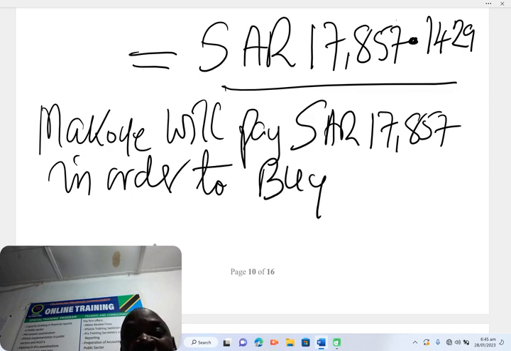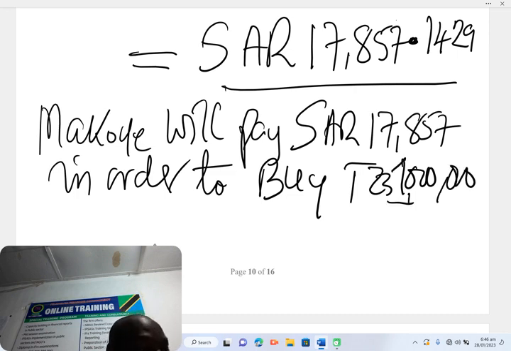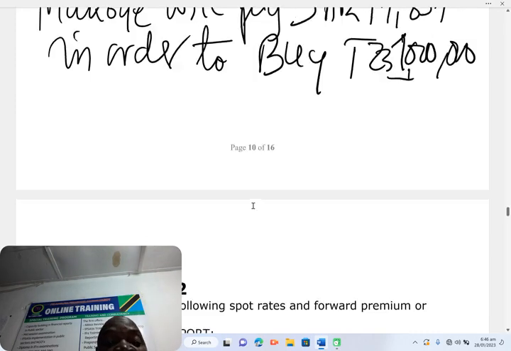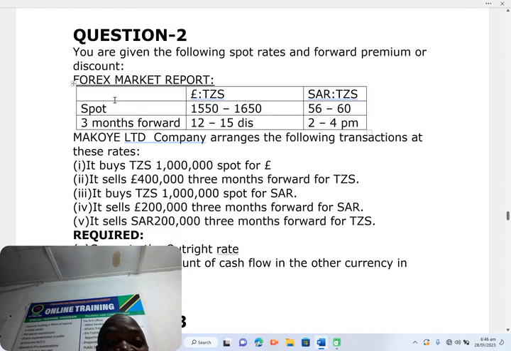To buy TZS 1 million. So I'm sure the rest of the transaction you can do, isn't it? So I'll leave this part 4 and 5 as homework for you to compute some of the key issues.